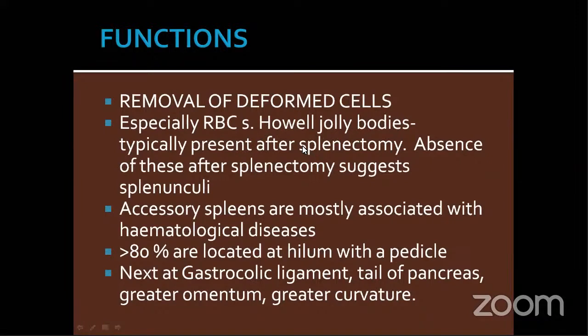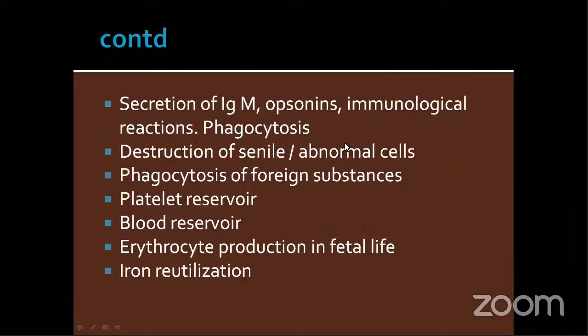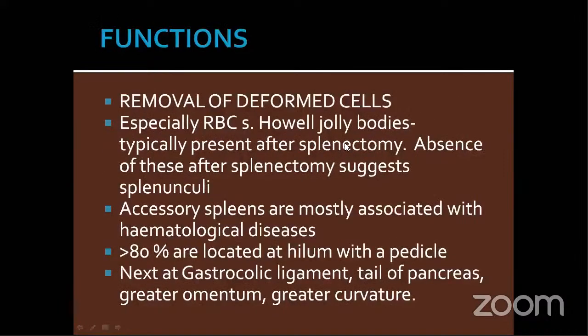Suppose the patient has undergone splenectomy. If there are Howell-Jolly bodies, it means that the splenic function is gone. So absence of Howell-Jolly bodies after splenectomy suggests that there is still some splenic tissue in the form of accessory spleens, which are also called splenunculi.